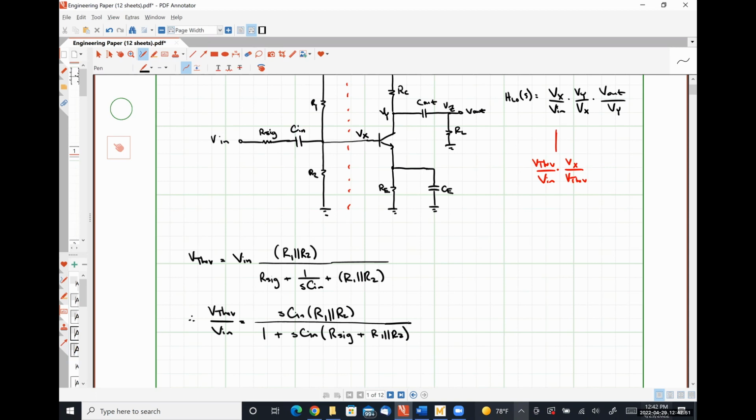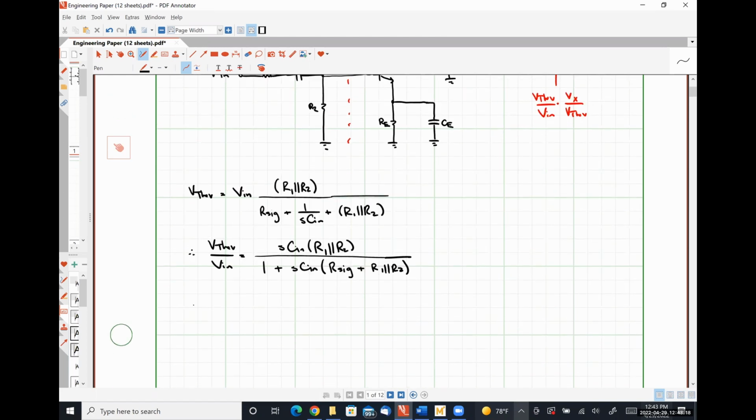All right, while we're at it, we need to get the Thevenin equivalent impedance. So what's that going to be? From that, we're taking the red line, we're looking in this way with the input voltage shorted out, right? So R1 in parallel with R2 in parallel with this impedance, right?